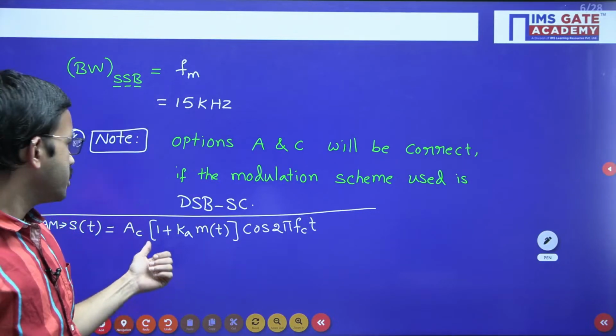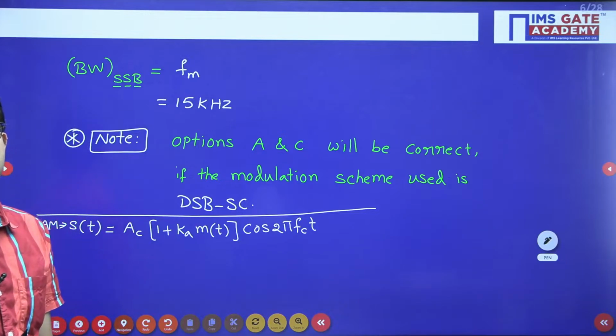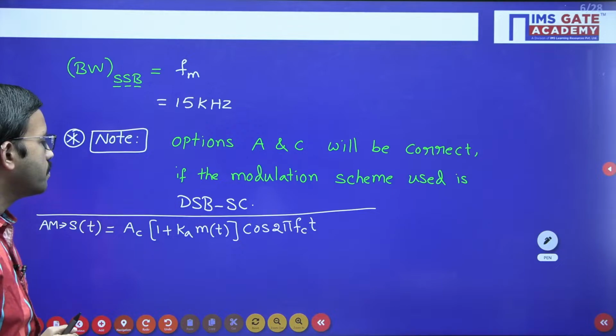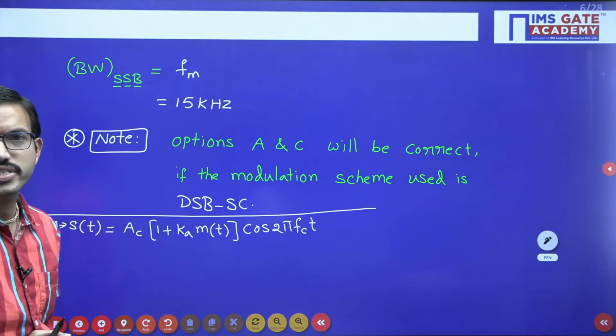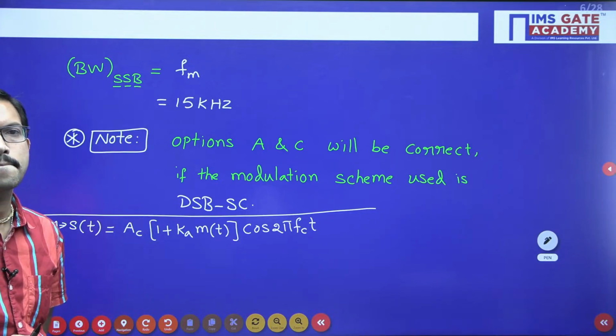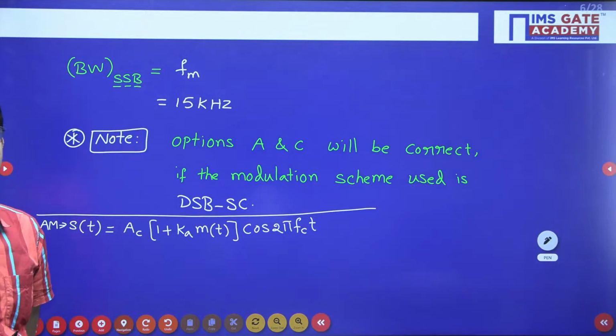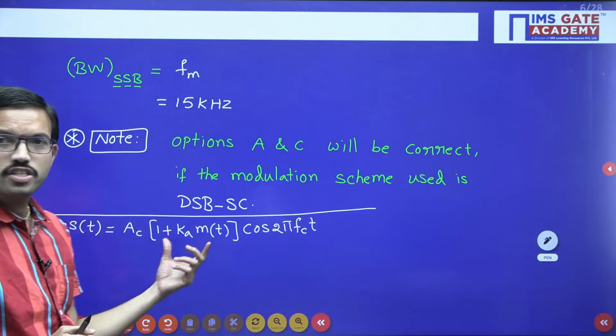Shiva, do you know this standard equation regarding AM? AC into 1 plus K into m of t into cos 2 pi f ct. I hope you know, right? This is the standard equation of an AM signal.